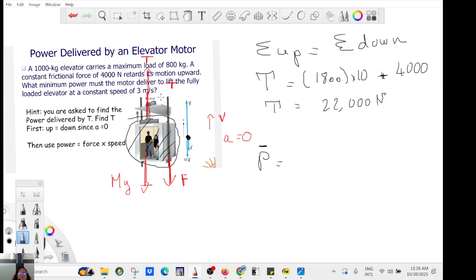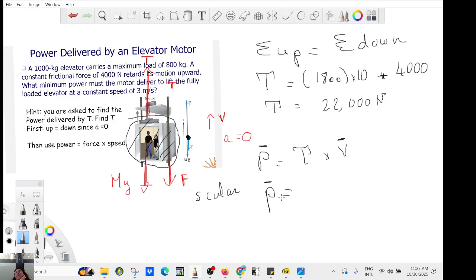Okay, so the power delivered by the motor will be the force from the motor, which is T, times the average speed in magnitude. It's a scalar. Okay, power is a scalar. It's always positive. There is no negative.